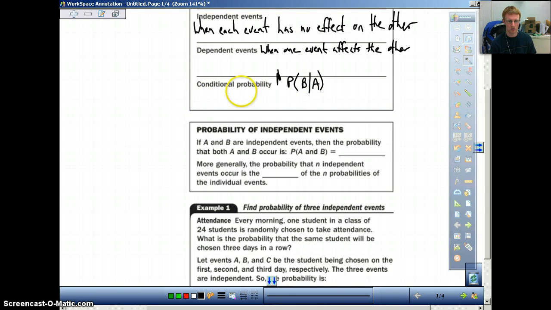So it's conditional: the probability of B conditional to A already occurring. I'll write that out: the probability that B will occur given A has already occurred.